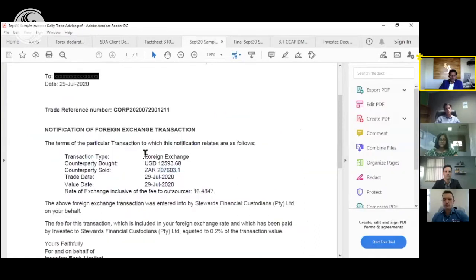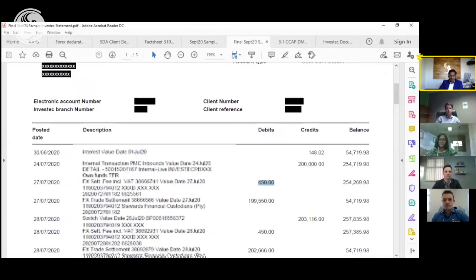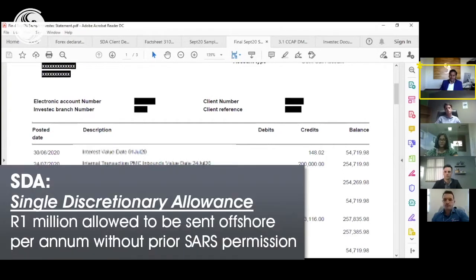As you see here, foreign exchange, the payment goes out. When that payment goes out, as Bruce mentioned, that payment is a payment from a Rand account to my New York dollar account. That is a BOP reportable transaction, and it comes off my SDA, my single discretionary allowance, up until the first 1 million.